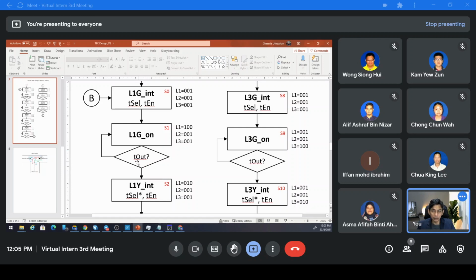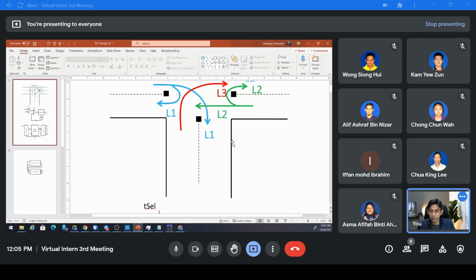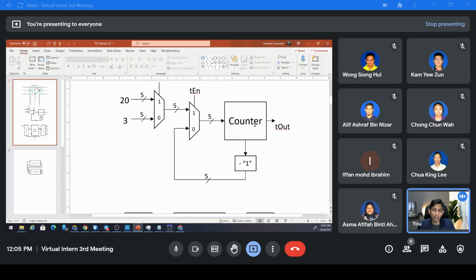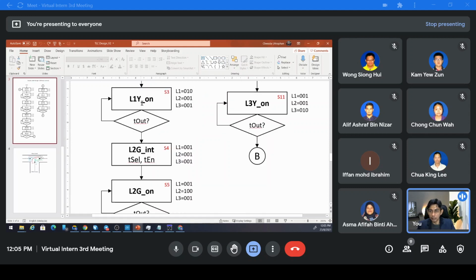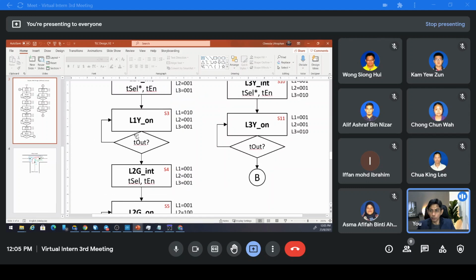So if T out is still 0, or not activated, I stay here. Remember, T out is generated by the counter. So it will count from 20 minus 1, 19. If it counts every 1 second, it requires 20 seconds here. All right. So when T out equal to 1 is activated, I go to the next state.